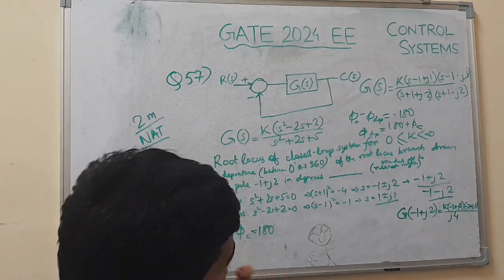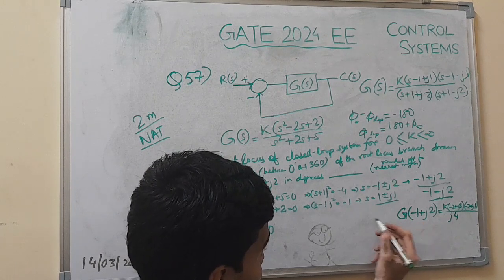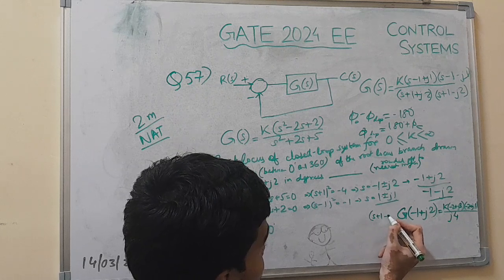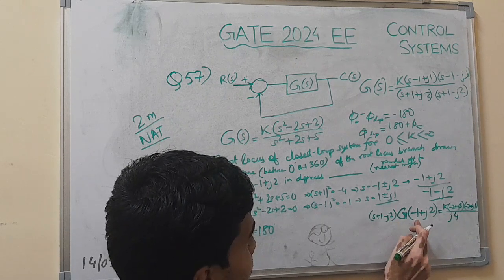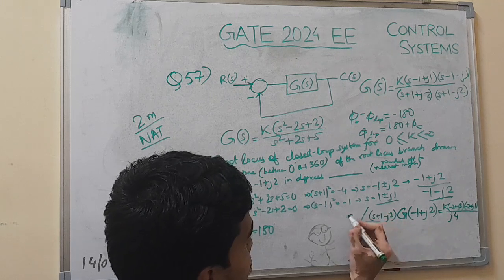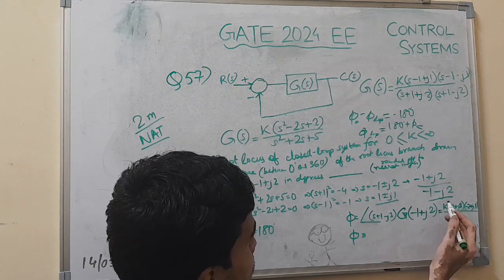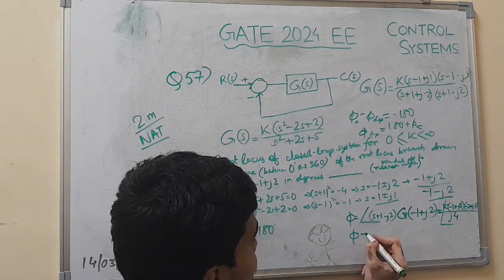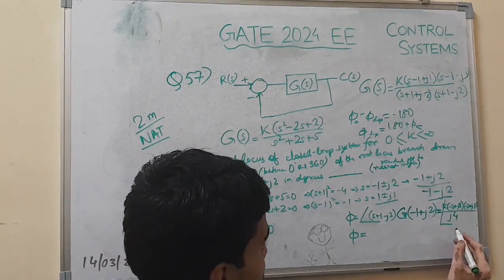So the angle of (s plus 1 minus j2) times G at -1 plus j2, call the angle phi. So phi will be the angle of this whole thing, which will be -2 plus j3. In which quadrant is -2 plus j3?